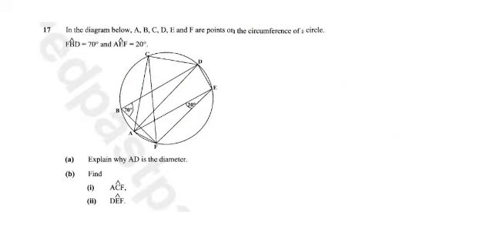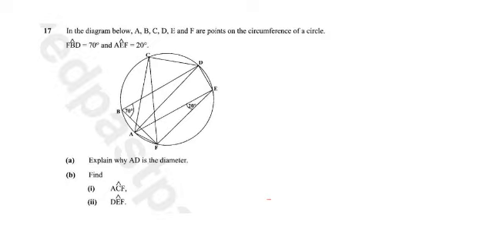Now for the second question, in the diagram below, A, B, C, D, E, and F are points on the circumference of the circle. So we have FBD equals 70 degrees and AEF equals 20 degrees. Part A is saying explain why AD is the diameter. So why is AD our diameter?